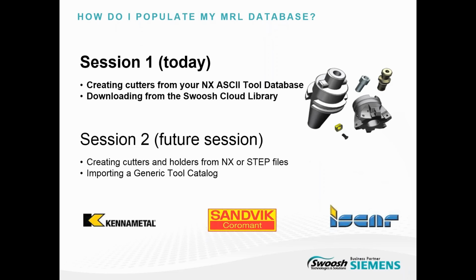Now, after the introduction, I'm going to talk a little more in depth about how we would use your ASCII tool database to define cutters, followed by a little information on how we're going to try to prepare libraries that you could consume.